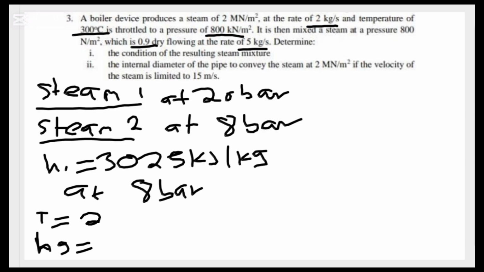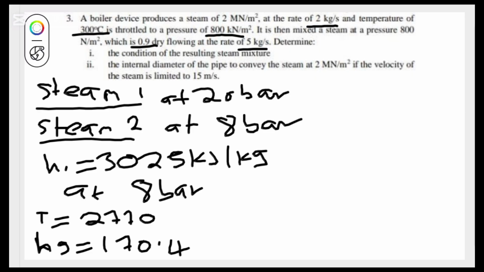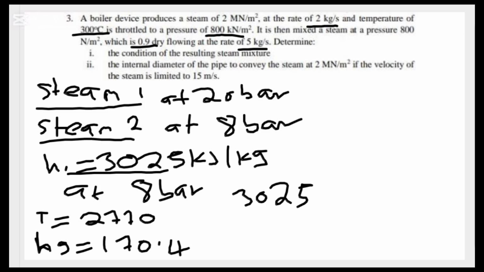As we see from the steam table, we have 2770 kilojoule per kg, and therefore our temperature is 170.4.